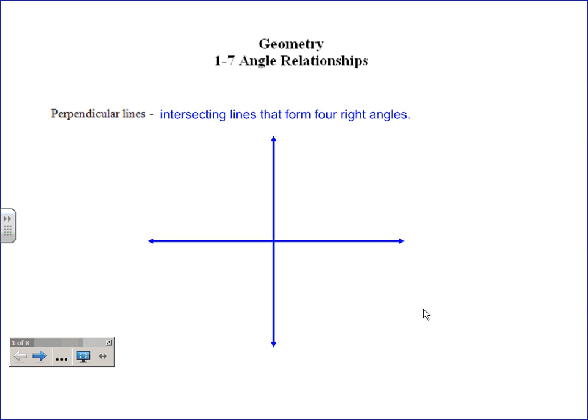Based on the drawing? No. So how are they getting four, though? Well, 1, 2, 3, 4. And it should make sense that if you add up all those, it gets to 360, because you would go all the way around, right? Okay. So perpendicular lines are intersecting lines that form four right angles, and the symbol for perpendicular.